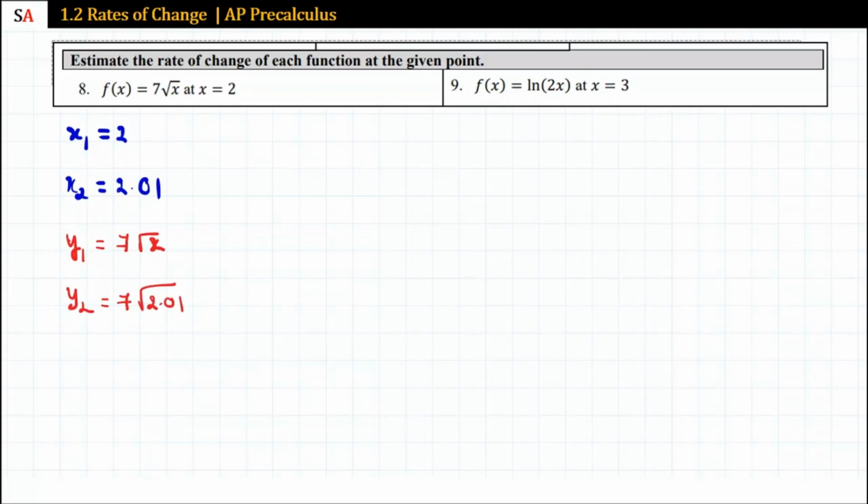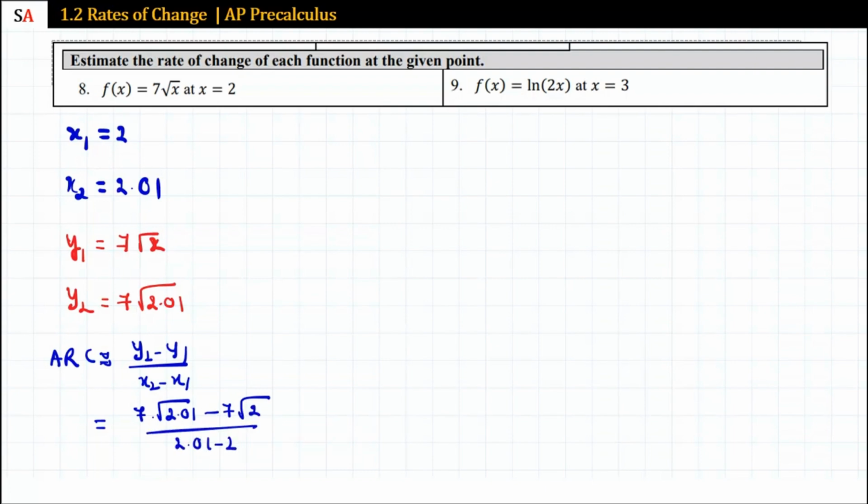So the estimated rate of change, the ARC, which is approximately the rate of change, is y2 minus y1 over x2 minus x1. So that is 7 times root 2.01 minus 7 root 2 over 2.01 minus 2.